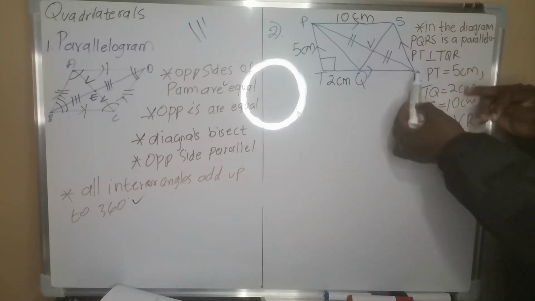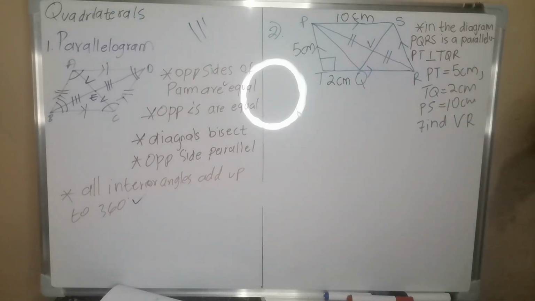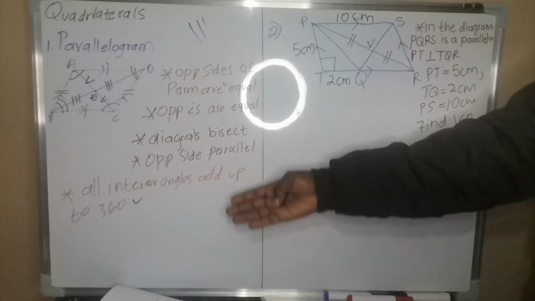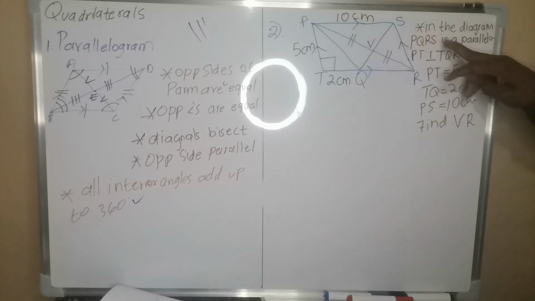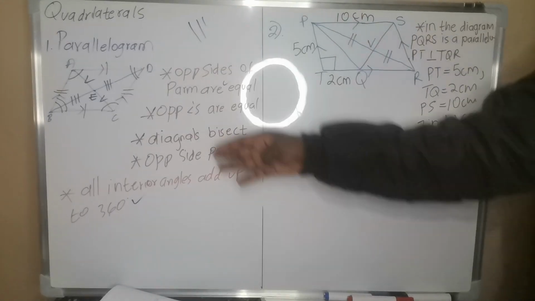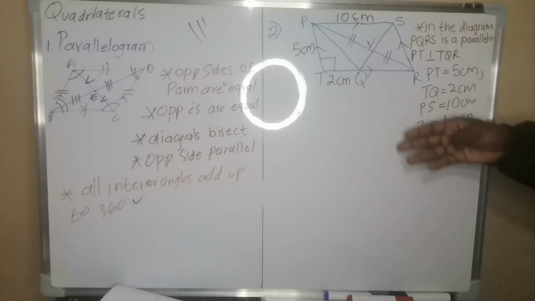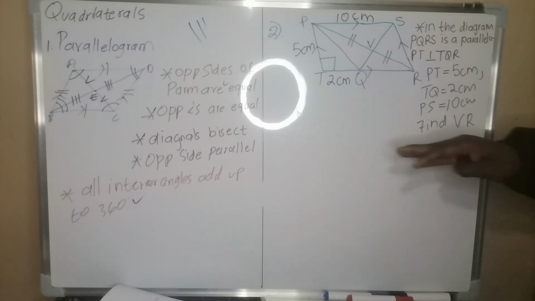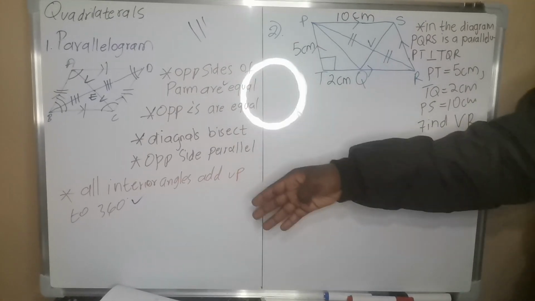Now let us apply our properties of parallelogram in this case, because they have told you this is a parallelogram, therefore you can apply these properties here. Let's apply what you know about the properties of a parallelogram before you answer the question.